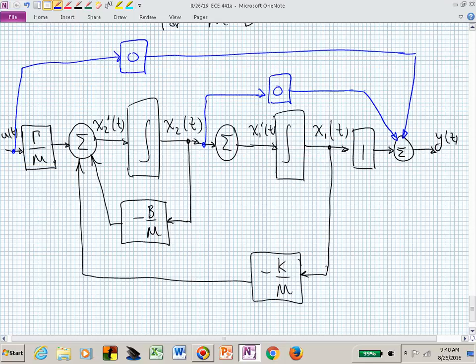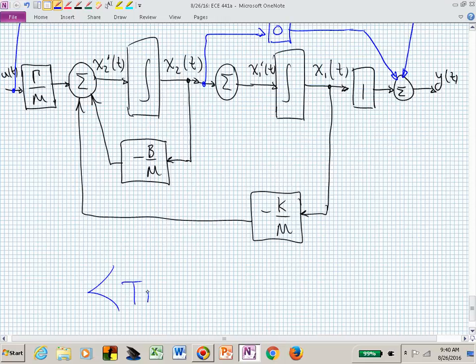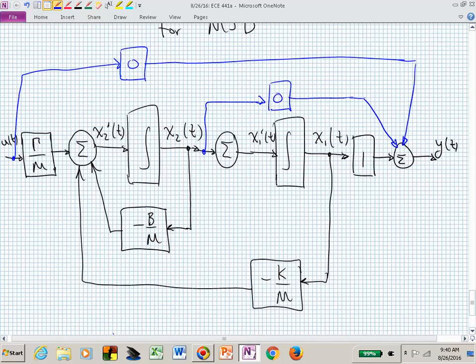This is a time domain block diagram of the mass spring damper system. And from this, you can hopefully see that if somebody gave me this blind and had all the x's removed, I could have maybe said, oh, I'm going to label this as x2 and this is x1.